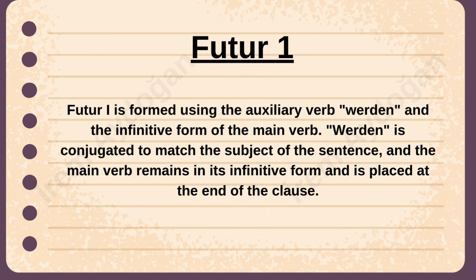Ich werde, du wirst, er, sie, es wird, wir werden, ihr werdet, sie werden. And remember the pronouns: ich, I; du, you; er, sie, es, he, she, it; wir, we; ihr, you all; and sie, I can use it both with they and you meanings.